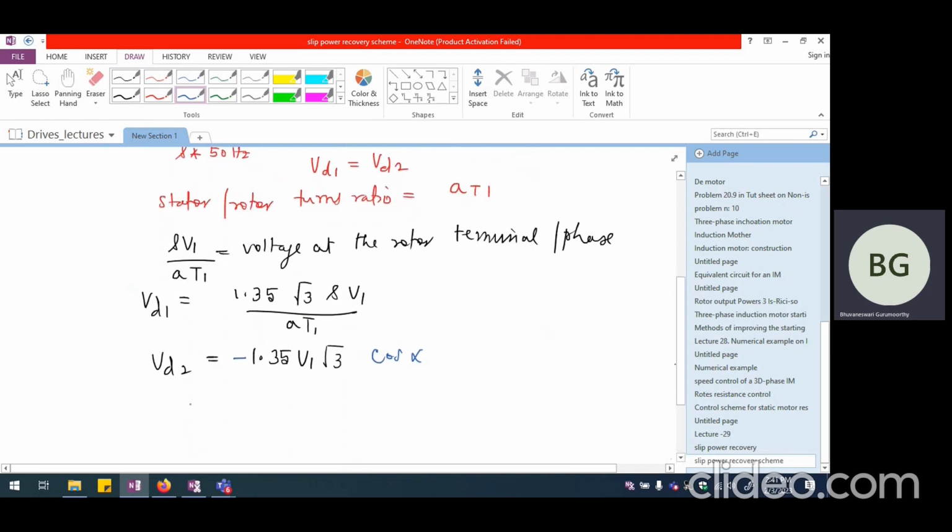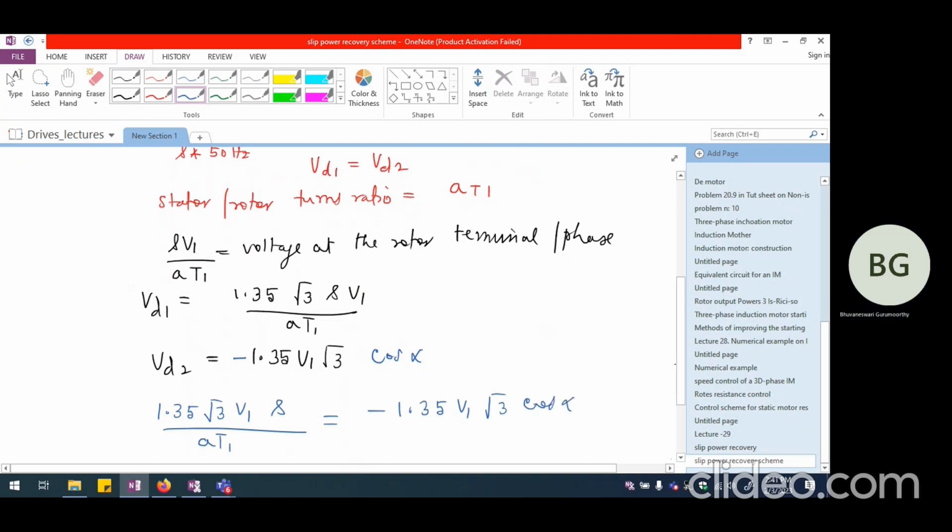So we should say VD1 equal to VD2 means 1.35 root 3 V1 S divided by AT1 is equal to minus 1.35 V1 root 3 cos alpha.